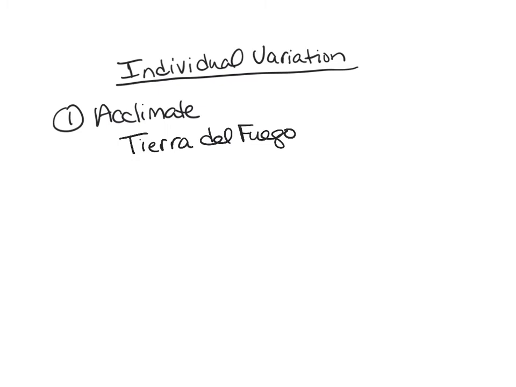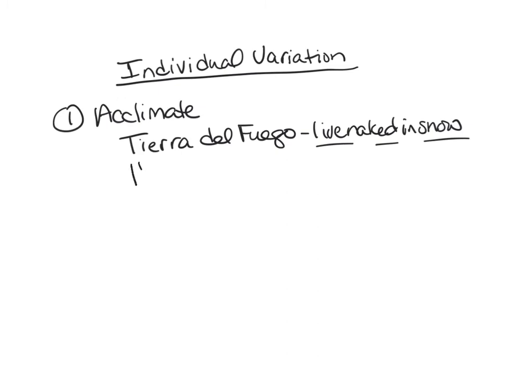Tierra del Fuego is off the southernmost tip of South America, across from the Strait of Magellan, and it's a very, very cold climate. So in this place, residents live naked in the snow. So they have acclimated to this very cold environment, and it really doesn't bother them that much.